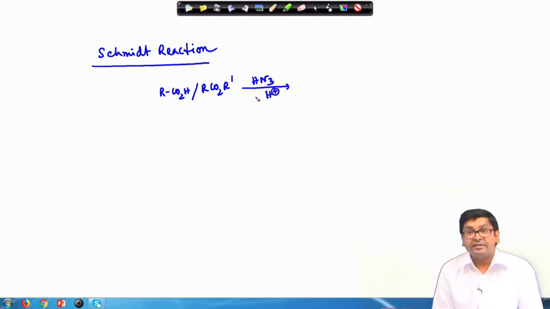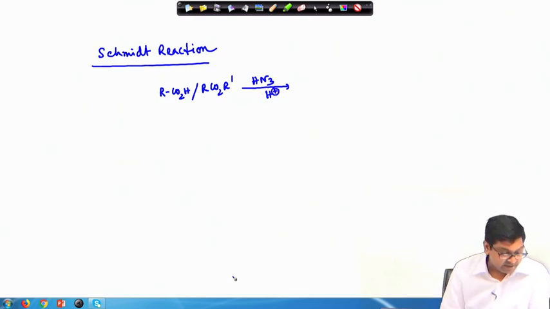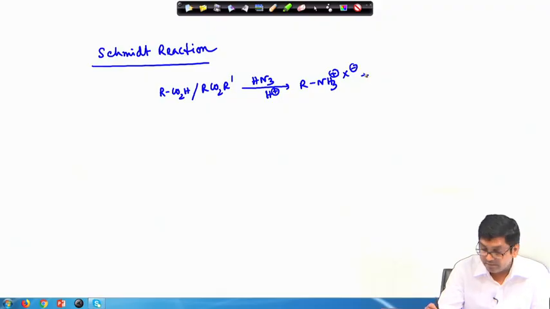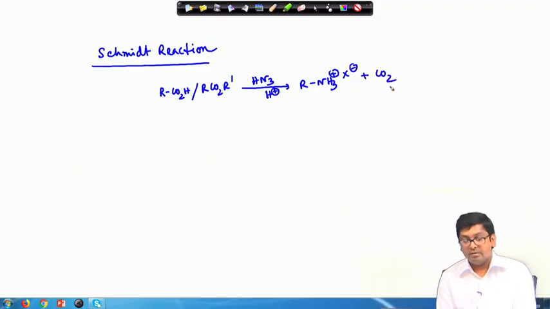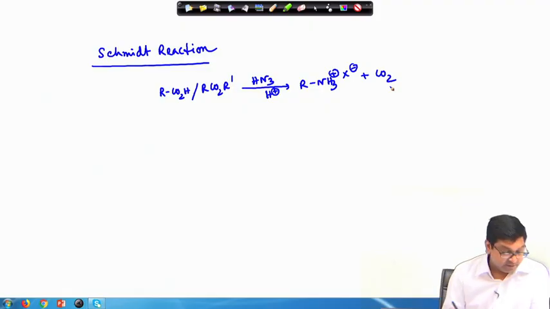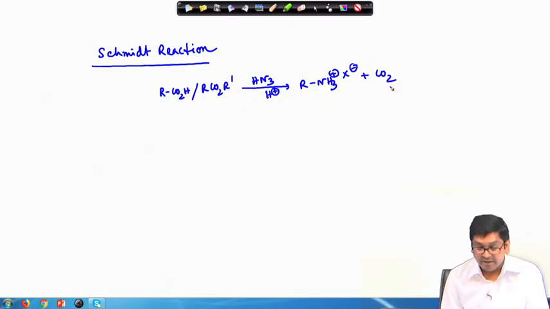In many cases it is dilute sulfuric acid, and in that case it will give the corresponding amine. Okay. So, we can see that carboxylic acid in presence of hydrazoic acid gives the corresponding amine and carbon dioxide. Okay. So, this is the overall Schmidt reaction.